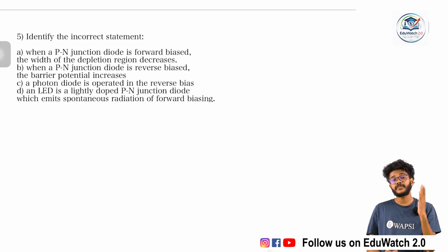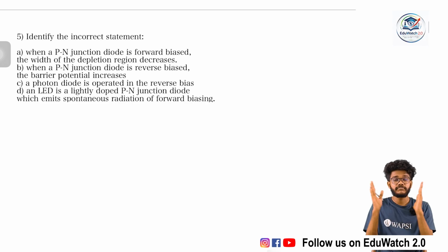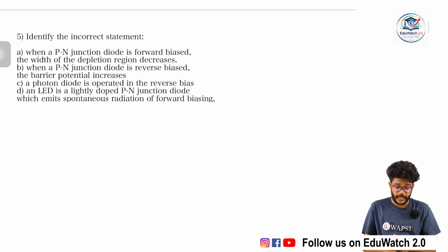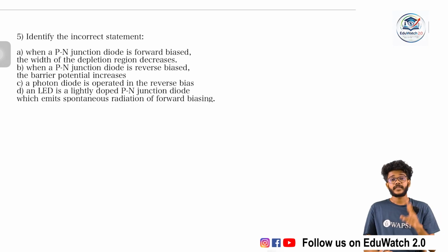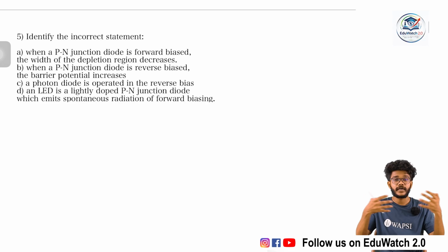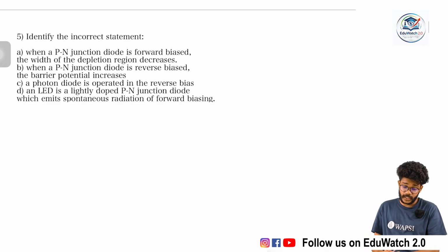Yes, when it is in forward bias, the depletion region becomes thinner. And B, when a PN junction diode is reverse biased, that means P side is connected with the negative part of a battery, so they are in opposite. The repulsive force will increase. That means the depletion region gets wider. So the second option is also correct.